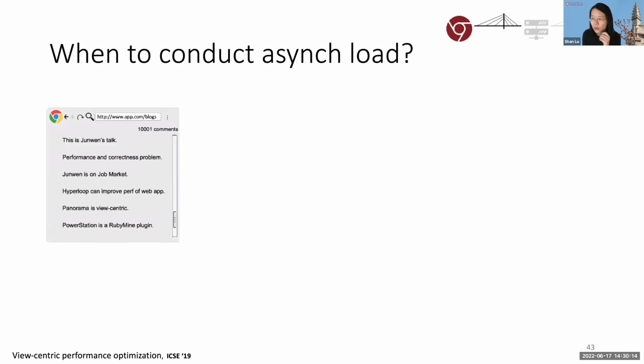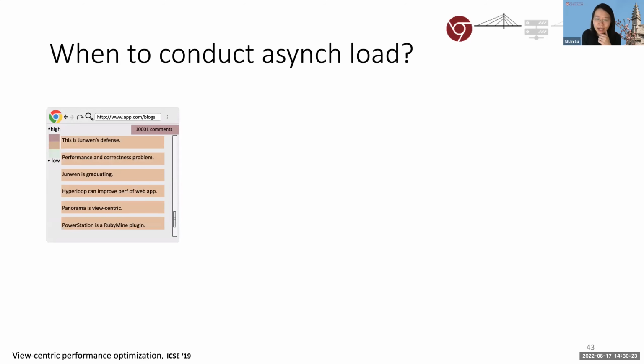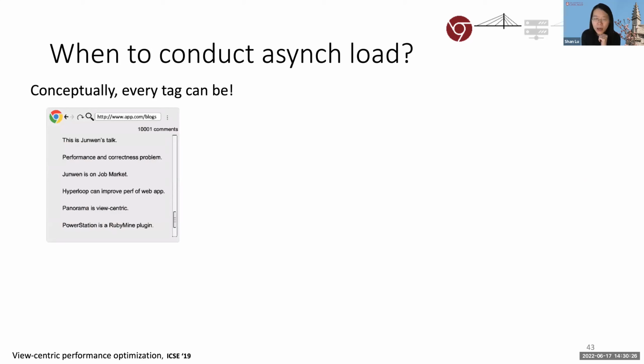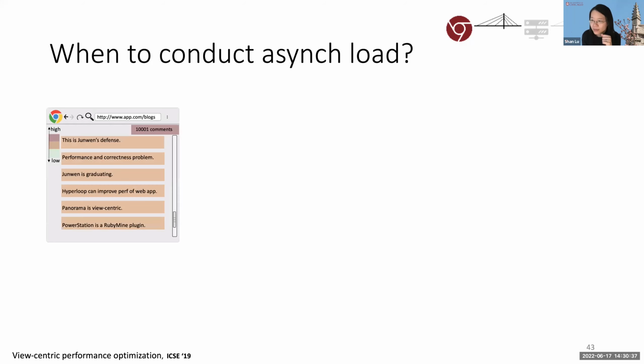And then just to give you one more example, like for asynchronous load, as I showed you in that example, we automatically decide, oh, maybe you want to asynchronously load a particular part of the code of your HTML. Why? Which HTML tag is a good candidate for asynchronous load? If you think about it, it depends on the cost. So you probably do not want to asynchronously load the element that takes less time.